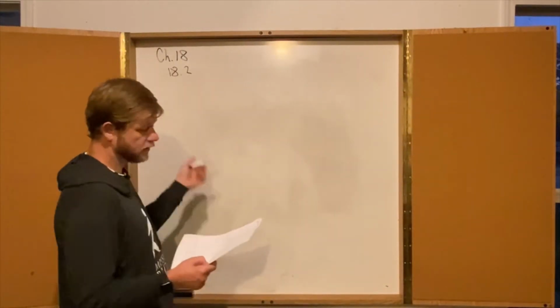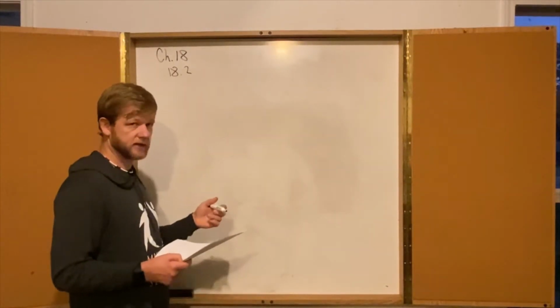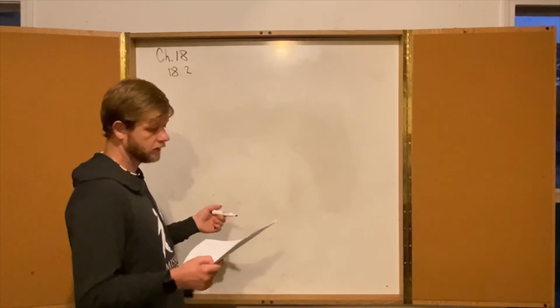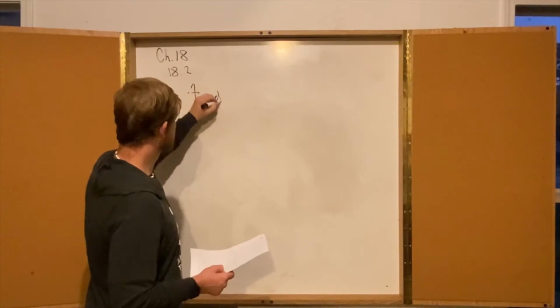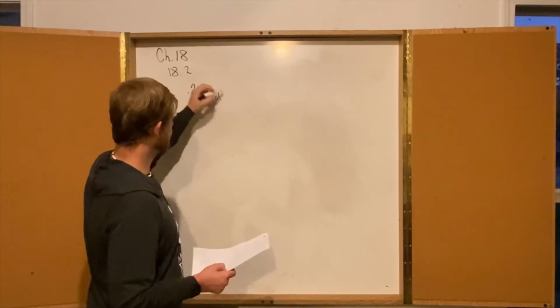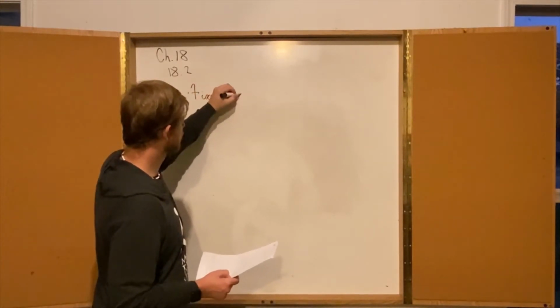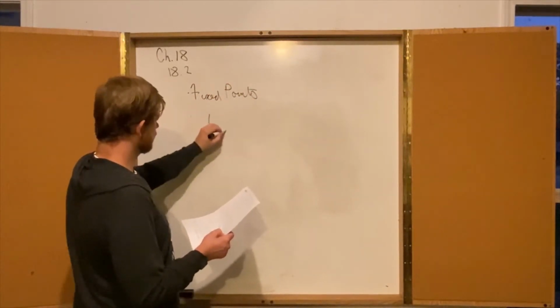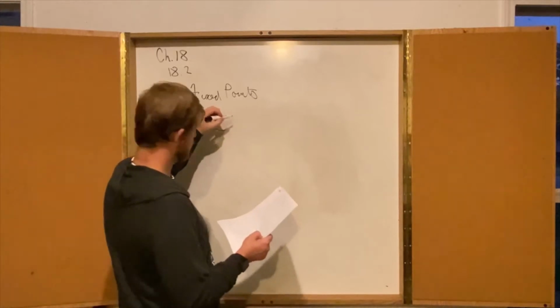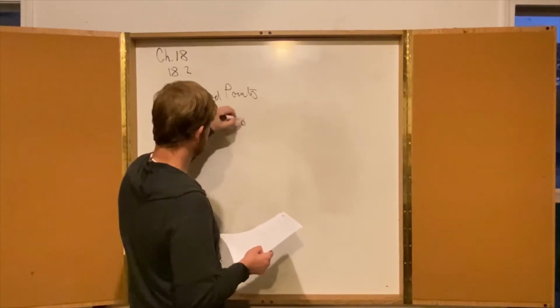Section 2 also covers forces that do no work. These include fixed points. If they can't move, they can't do any work. Another is a force perpendicular to its displacement.